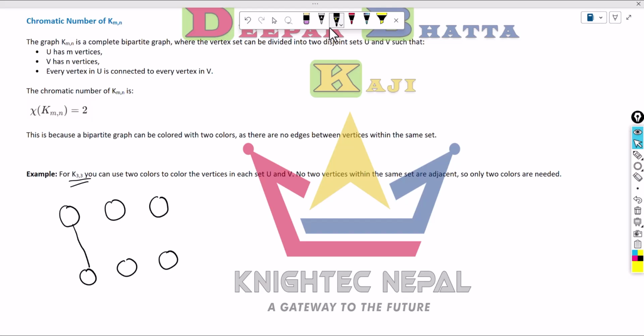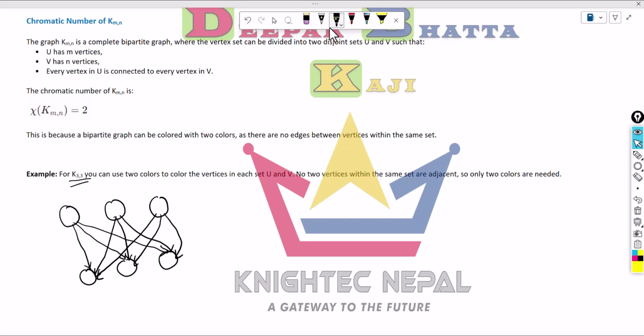We need to connect from this to this, this to this, this to this, and no two adjacent vertices share the same color. So if I put this as blue, we cannot place this as blue, so there must be a different color.